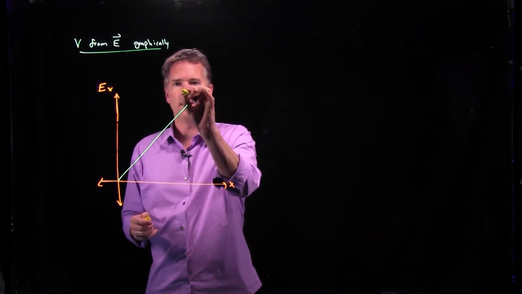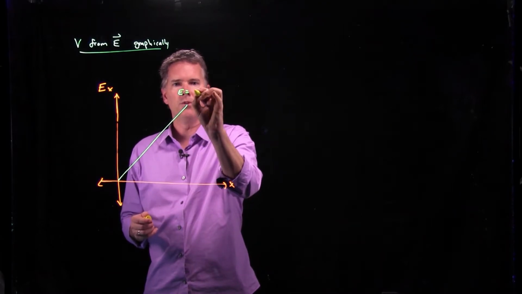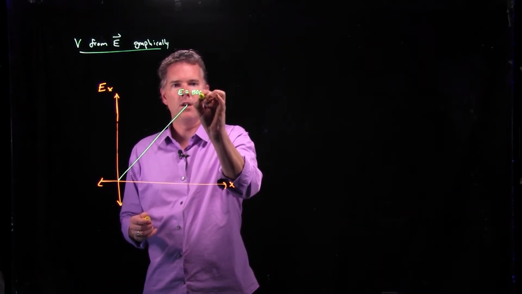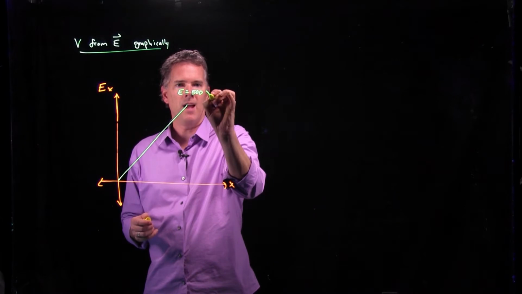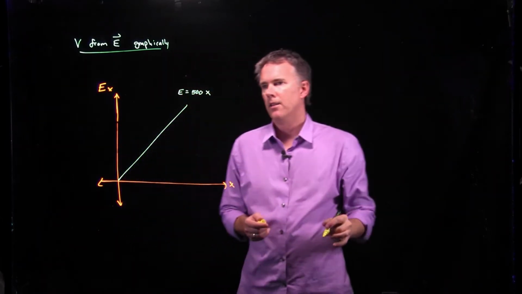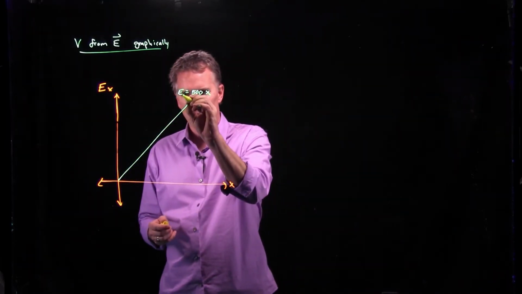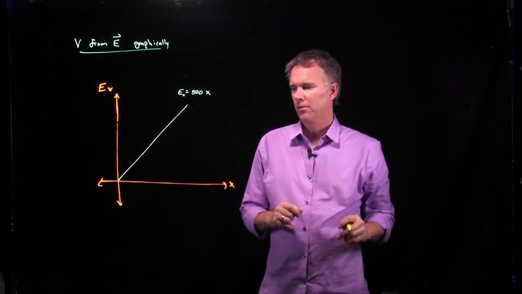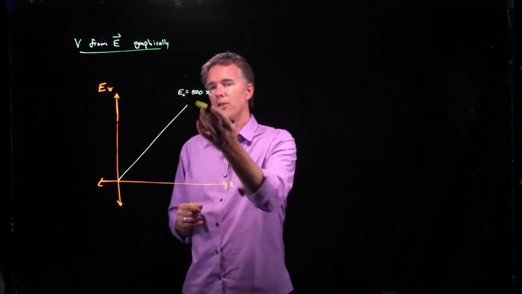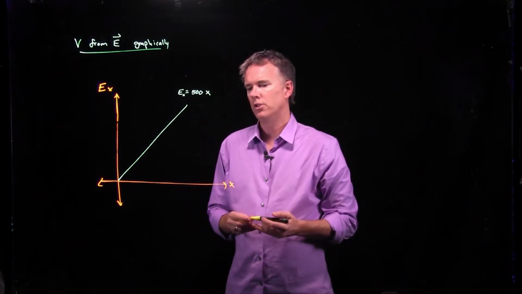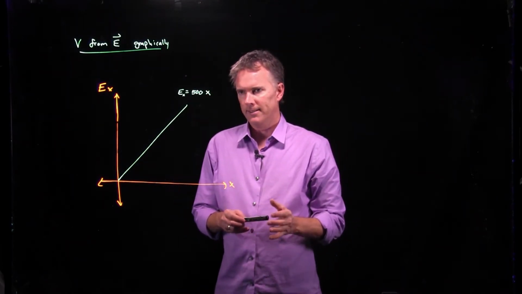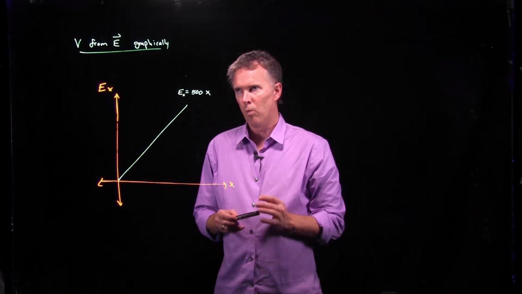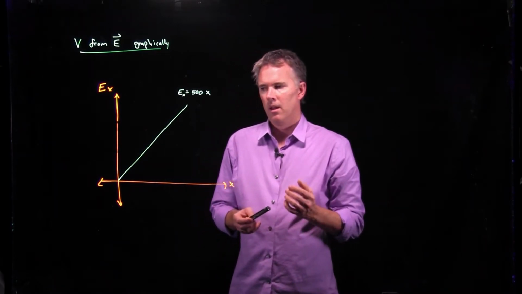We'll say that E is equal to 500 times x. And this is the x component of E. So E is everywhere pointing in the x direction, and it has this value that is increasing as a function of x. How do we figure out what the potential is?